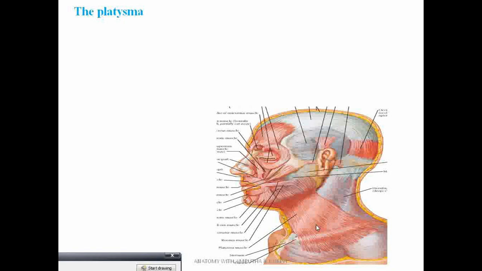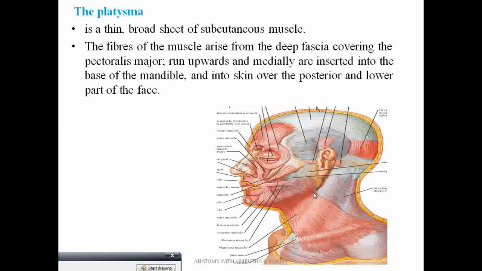Now platysma. I said platysma is a muscle that is seen in the superficial fascia. It is a thin broad sheet of subcutaneous muscle. So remember, it is subcutaneous muscle. It is present in the superficial fascia just deep to the skin. The fibers of the muscle arise from the deep fascia covering the pectoralis major.